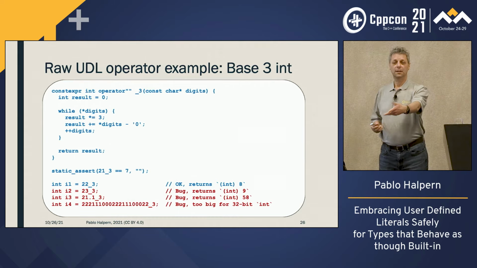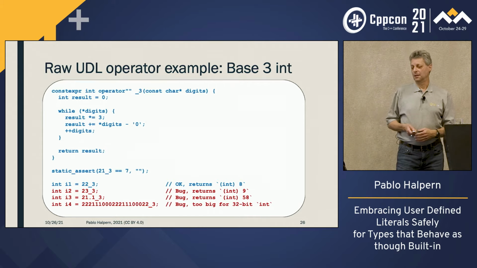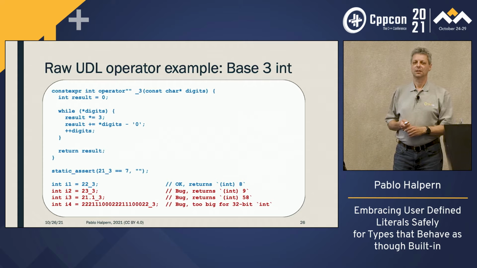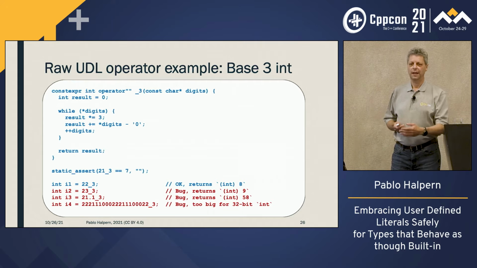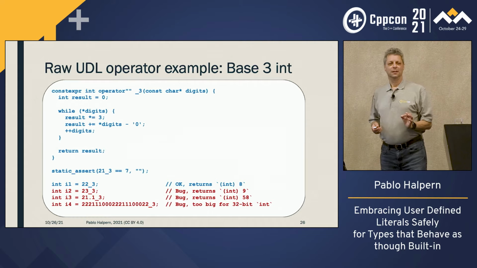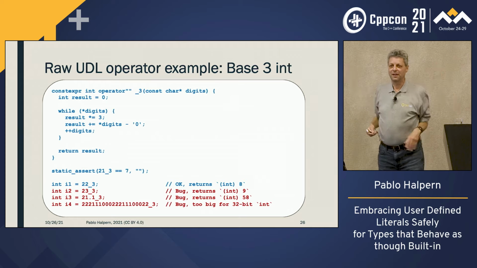But the code merrily goes and processes it and gives you a number, returns 9. I could use a floating point number, 21.1 base 3. Doesn't make sense, but this code happily parses it. There's nothing in the definition of the UDL that says it must be an integer. And the period is interpreted as if it were a digit. So it's like period minus '0' is the digit value for that.